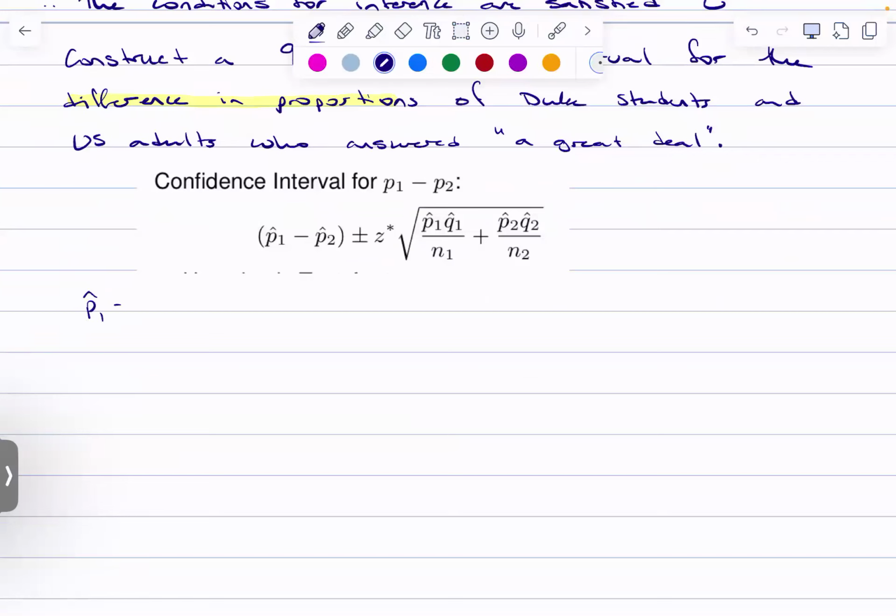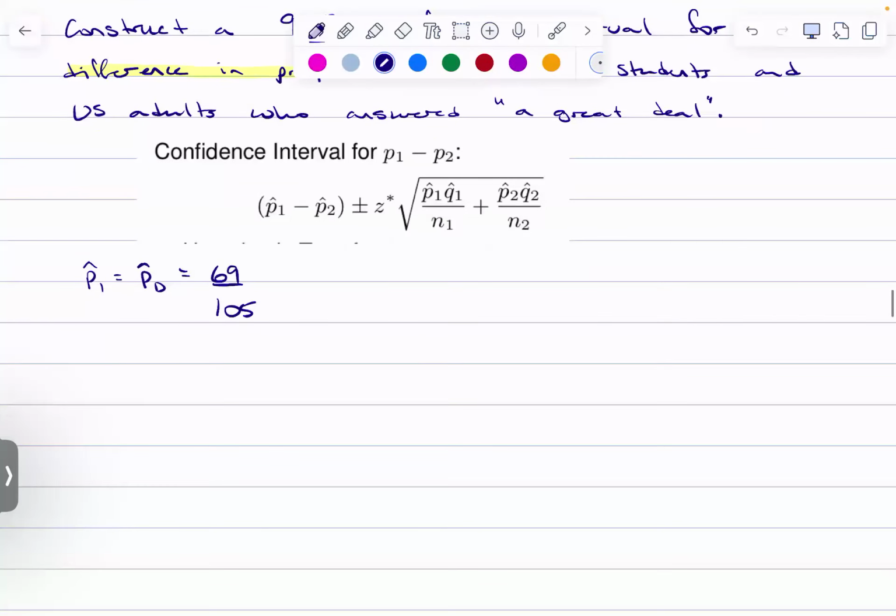p1-hat is going to be the same as the Duke students, pD-hat, which was 69 over 105. 69 over 105 is point, and I am going across here, and I know that's bad.